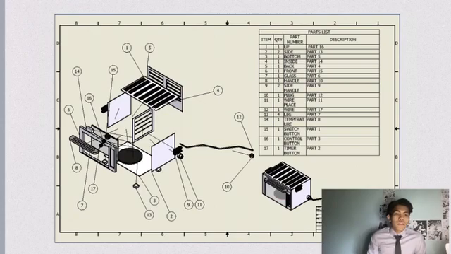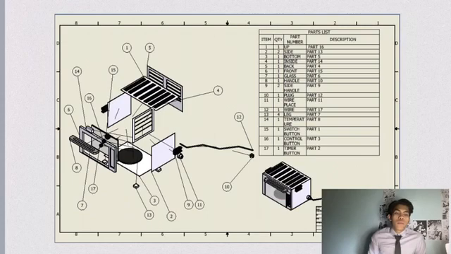Item number 9, quantity 2, side handle, part number 9. Item number 10, quantity 1, plug part, part number 12. Item number 11, quantity 1, wire holder, part number 11.